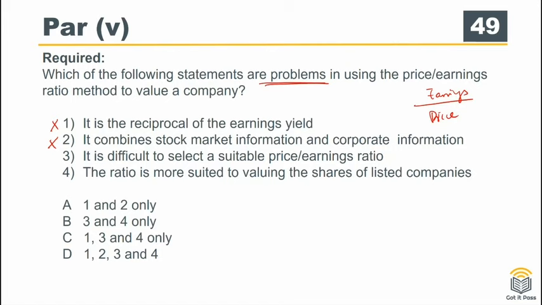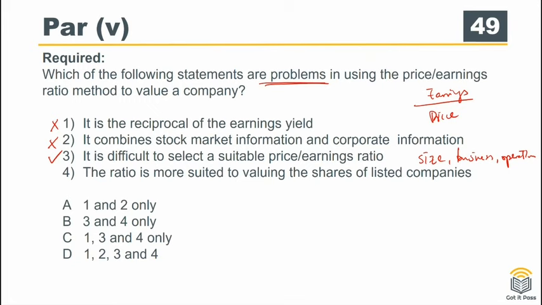Okay. For the third one, it is difficult to select a suitable price-earning ratio. Yes, because of the size, the business exactly, and operation may be different between 2 companies. So it is very difficult to select a suitable PE ratio for the valuation.